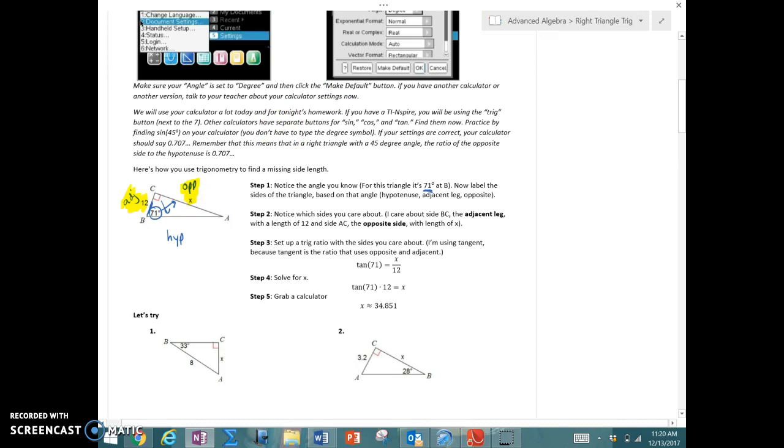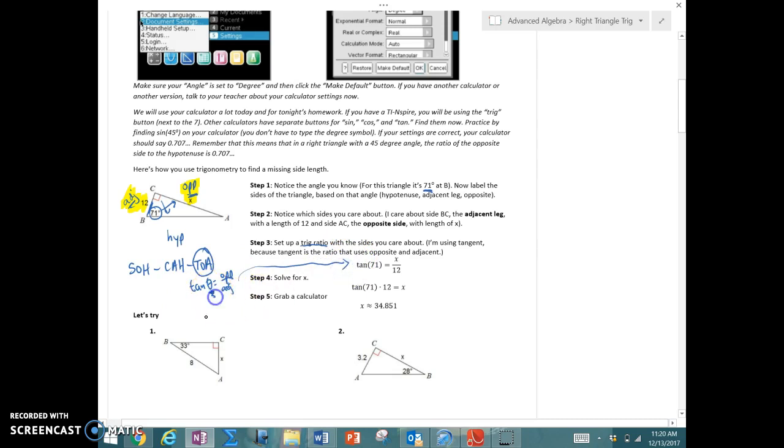And now we're going to set up our trig ratio. We're remembering SOHCAHTOA. I need to figure out which of those 3 uses the adjacent and the opposite, the 2 I care about. And I remember that TOA is tangent theta equals opposite over adjacent. And so you can see that I use tangent to set it up. Once I understand this, then I can substitute it in.